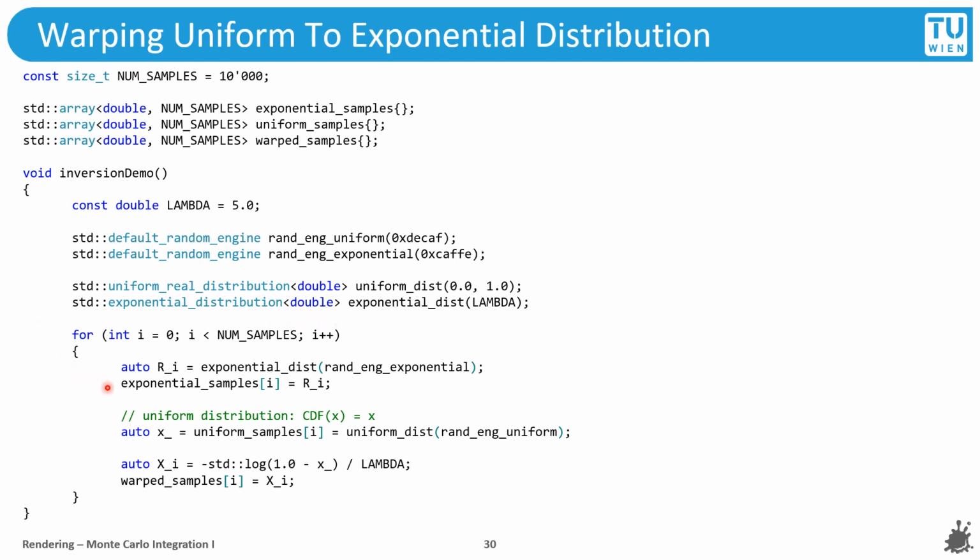What we are trying to do here is record all the samples that we draw from the variable created with an exponential distribution. We are also recording all the samples that we generate from the uniform distribution. And last but not least, we are recording the warped samples that we obtain by taking the uniform samples and applying the inverse function of the CDF for the exponential distribution here.